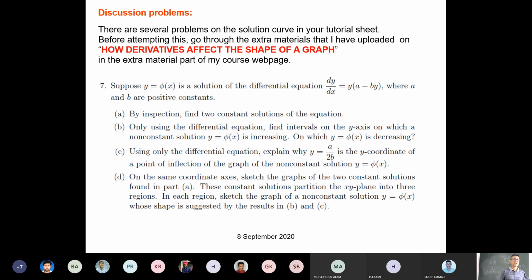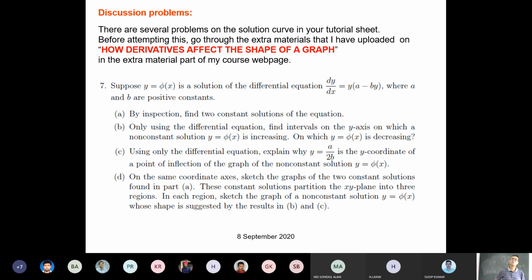So how is that going to be useful? Right now, I'm just going to do a couple of examples here. That particular chapter tells you how you can interpret the first order and second order derivative of a function of a single variable.